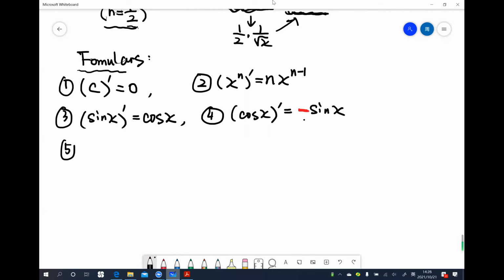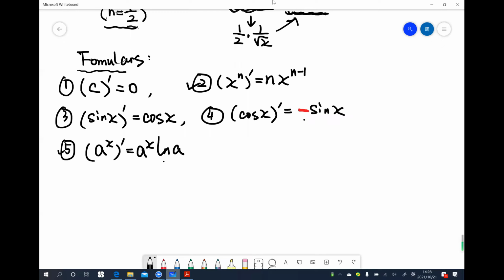And number 5, that is a, the base is a, power is x, prime, which equals to a to the x times ln a. We have learned the ln function. Pay attention to number 2 and number 5. They are different.